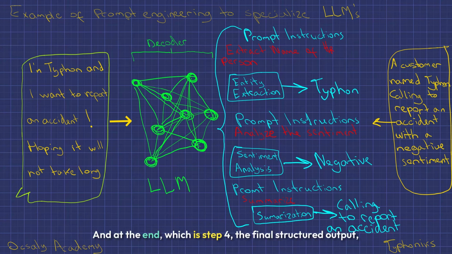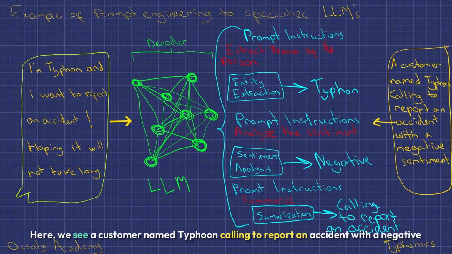And at the end, which is step 4, the final structured output. On the far right side of the diagram, we see the final structured response that integrates all 3 outputs. Here we see a customer named Typhoon calling to report an accident with a negative sentiment.